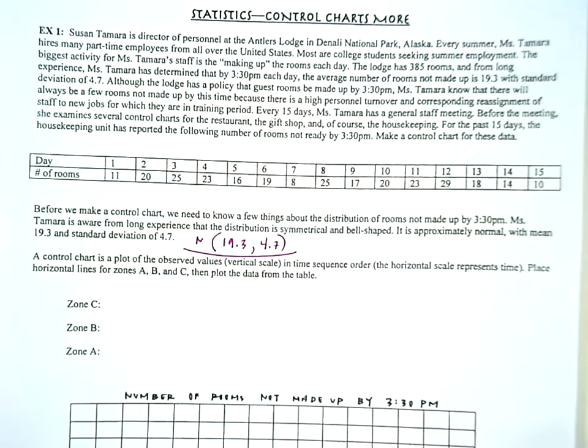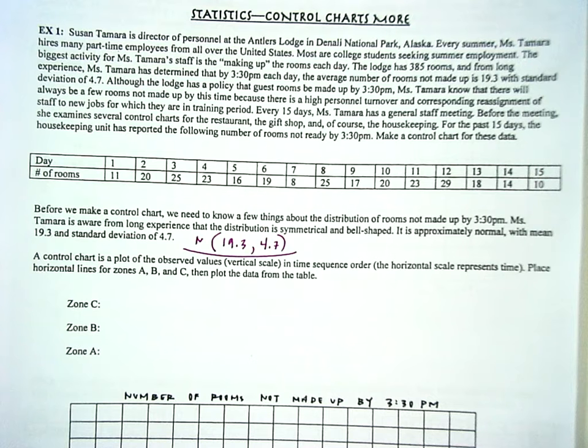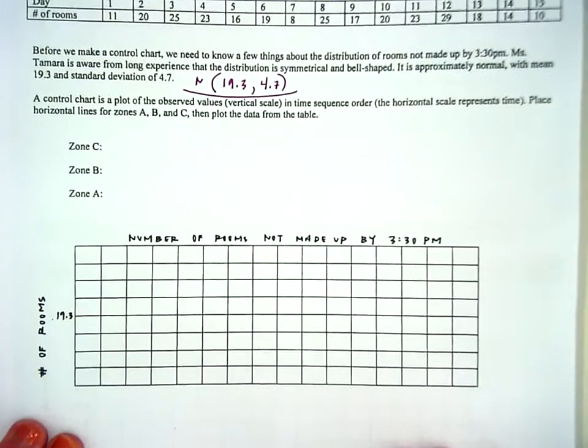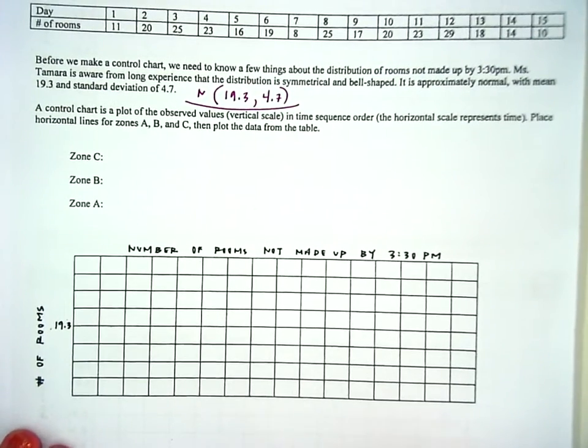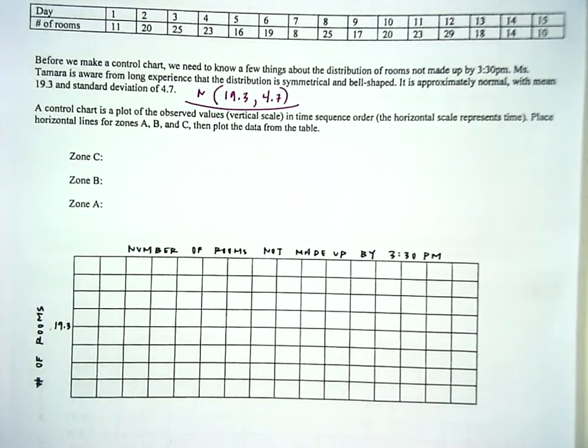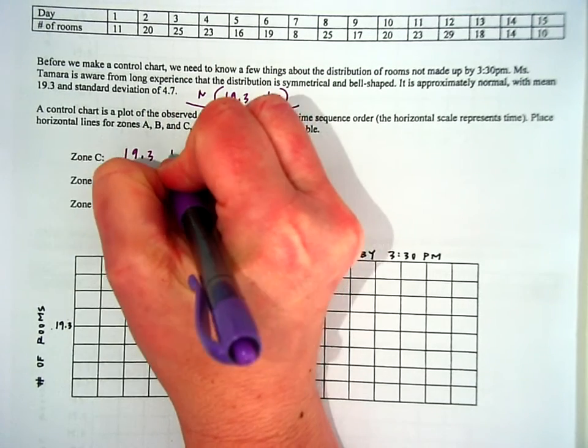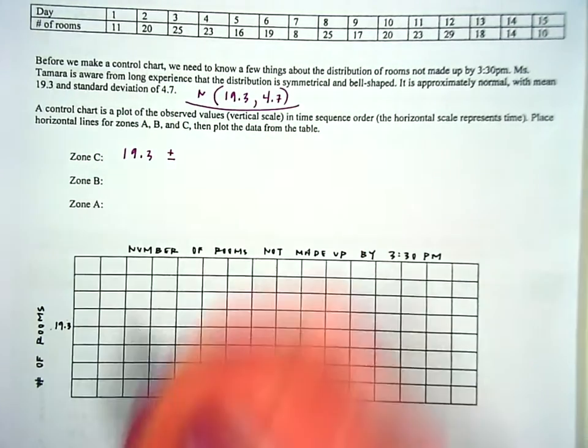Okay. A control chart is a plot of the observed values, vertical scale, in time sequence order. So the horizontal scale represents time. Place horizontal lines for zones A, B, and C, then plot the data from the table. So first we just have to figure out what are going to be those zones A, B, and C. To find zone C, I'm taking the mean, 19.3, and I'm going to add and subtract one standard deviation.